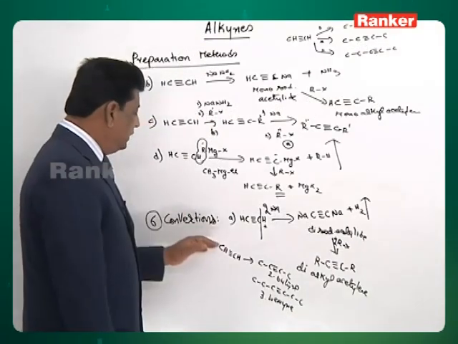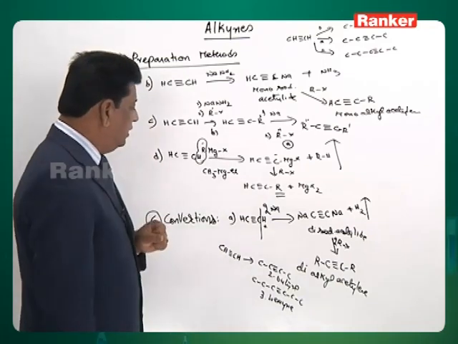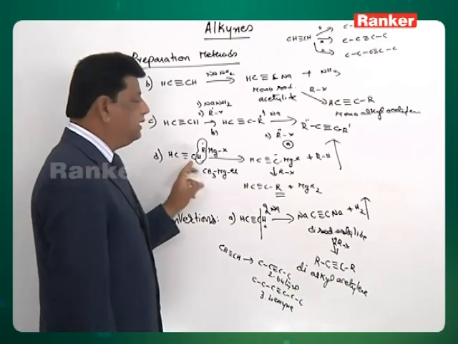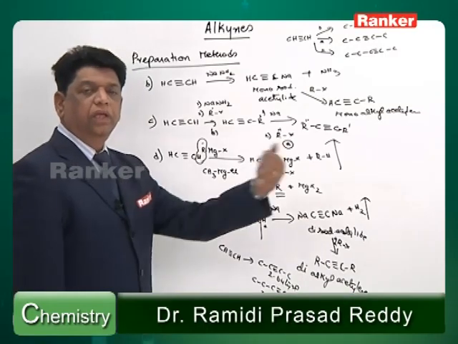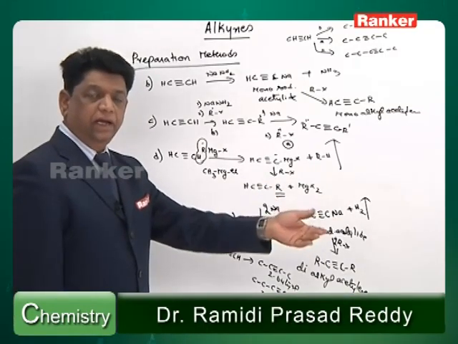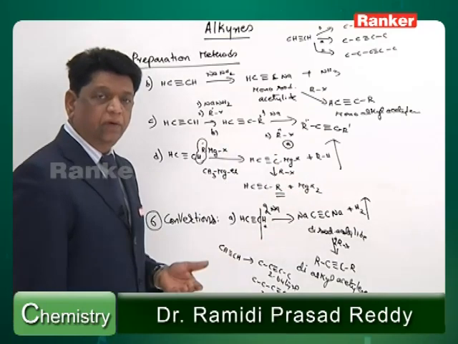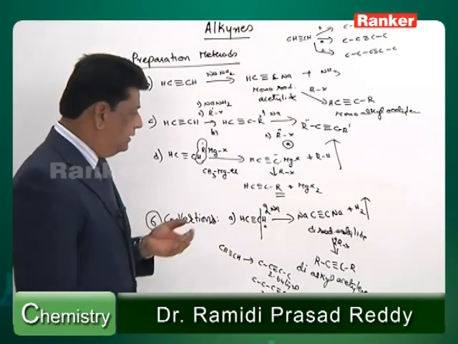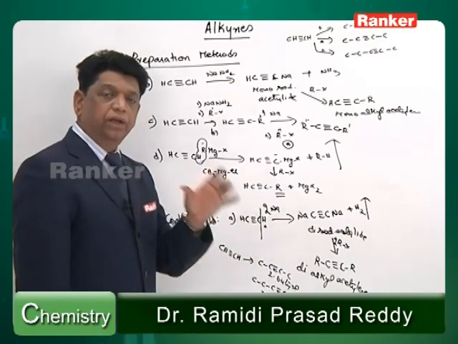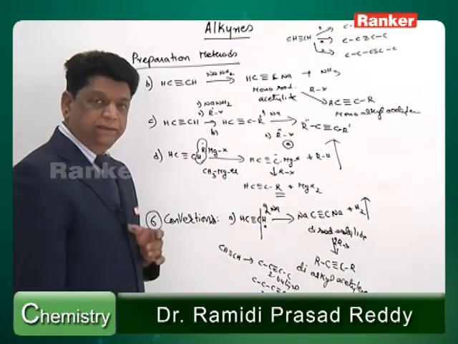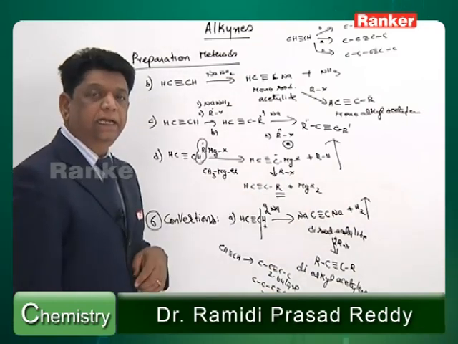So in all these A, B, C, D methods, we are not going to construct the triple bond. We are converting one alkyne into preferably the next higher or then the next higher homologue of the alkyne. This is called ascending the series. In fact, acetylene to propyne, propyne to butyne, the series increasing is called ascending the series.